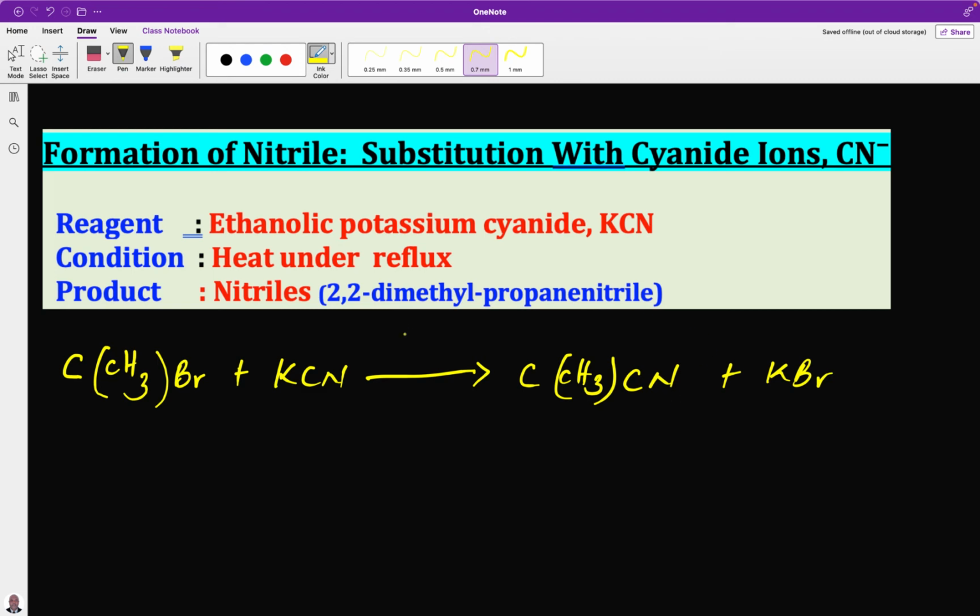This can be represented in an ionic form. Ionically, the equation can be like this.